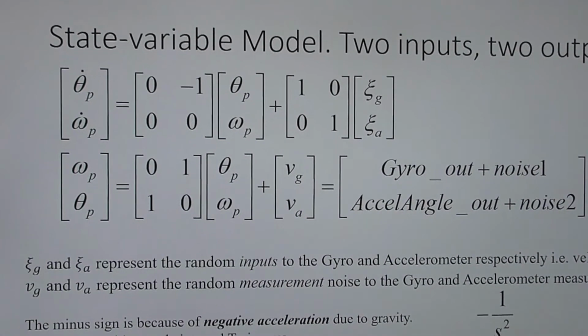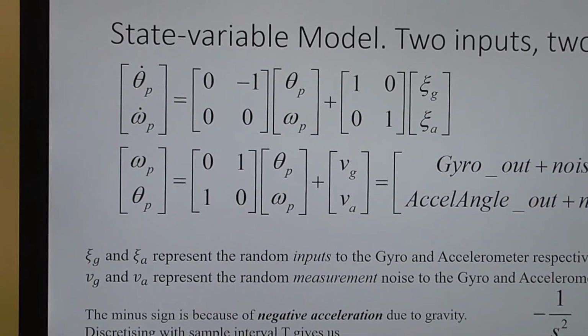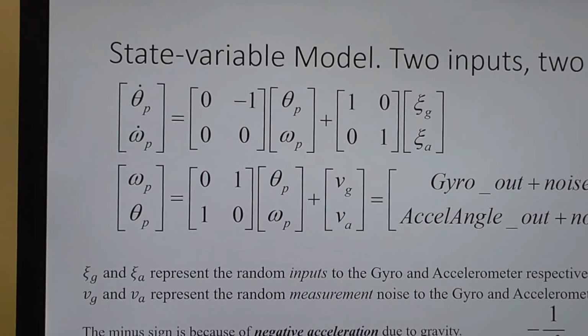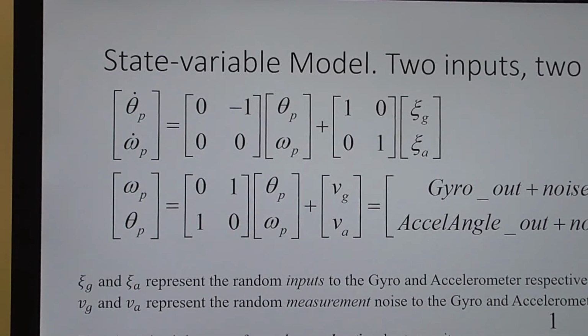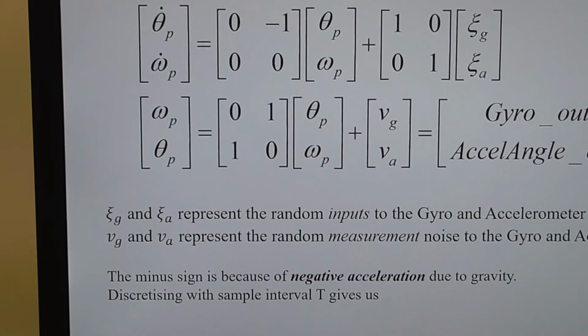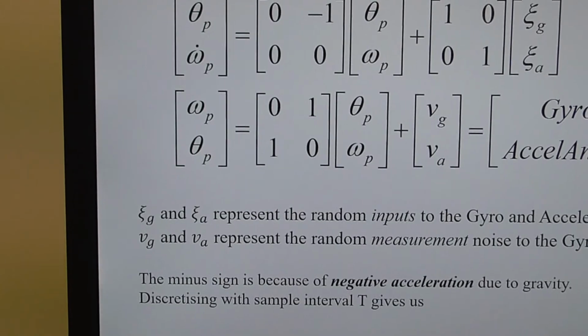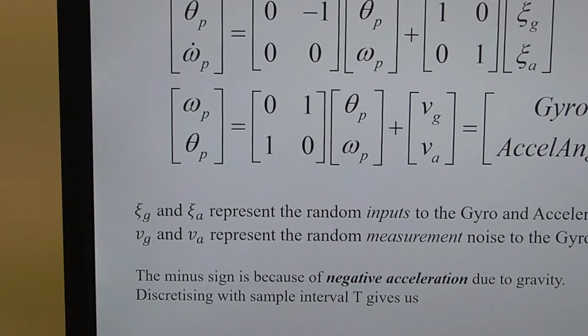G and A over here are the process noise terms. It's a sort of random signals that are driving the gyro and the accelerometer. And we've got noisy observations, and this isn't identity, it's sort of reversed identity, it's 0, 1, 1, 0.